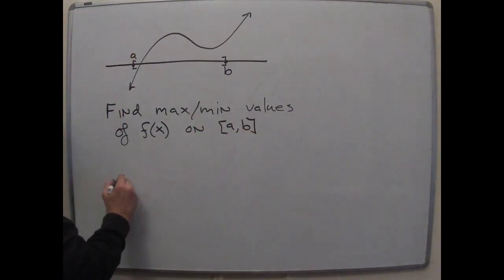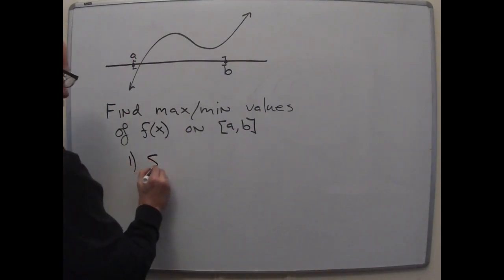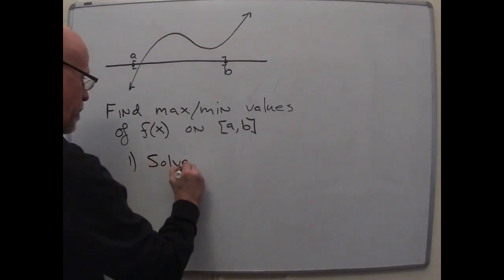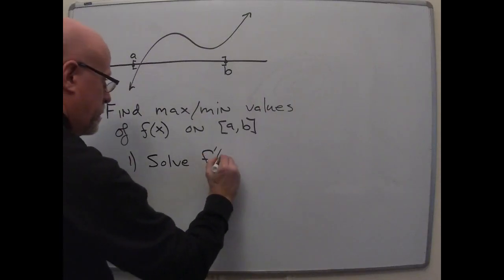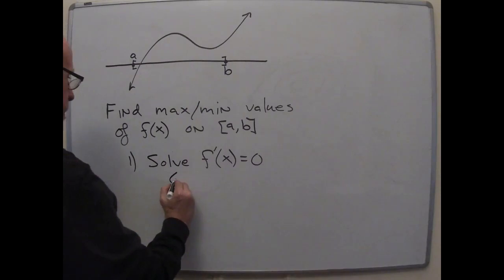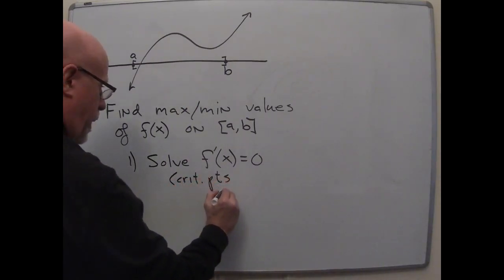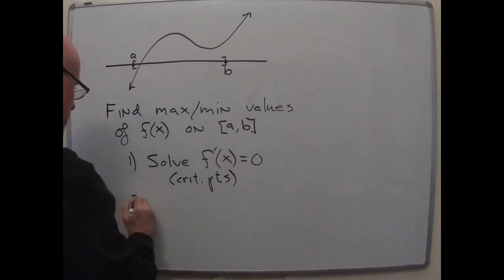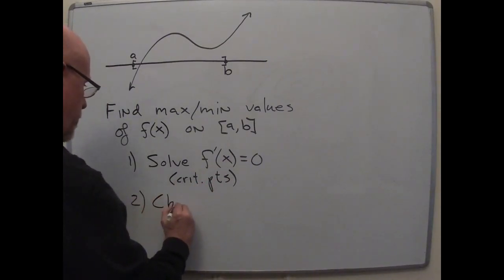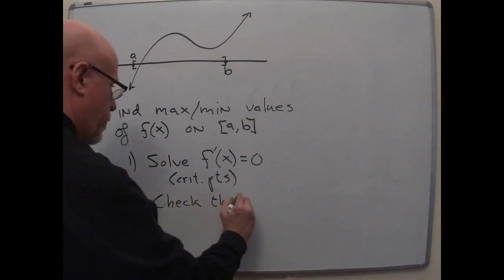you had to do two things. One, find the derivative and solve where the derivative is equal to 0. That gets you critical points, and then you work with the critical points to locate which one is the highest. And the other thing is you have to check the boundary of the region.